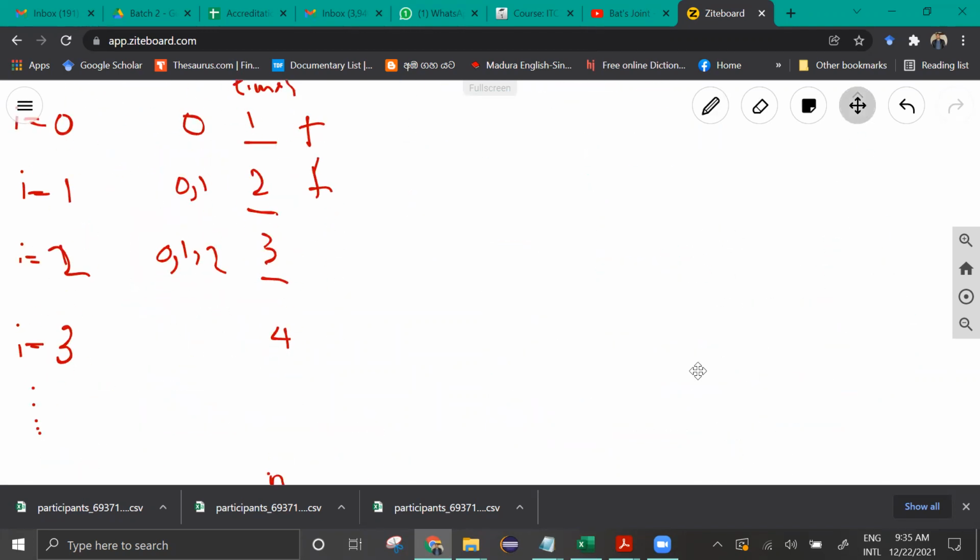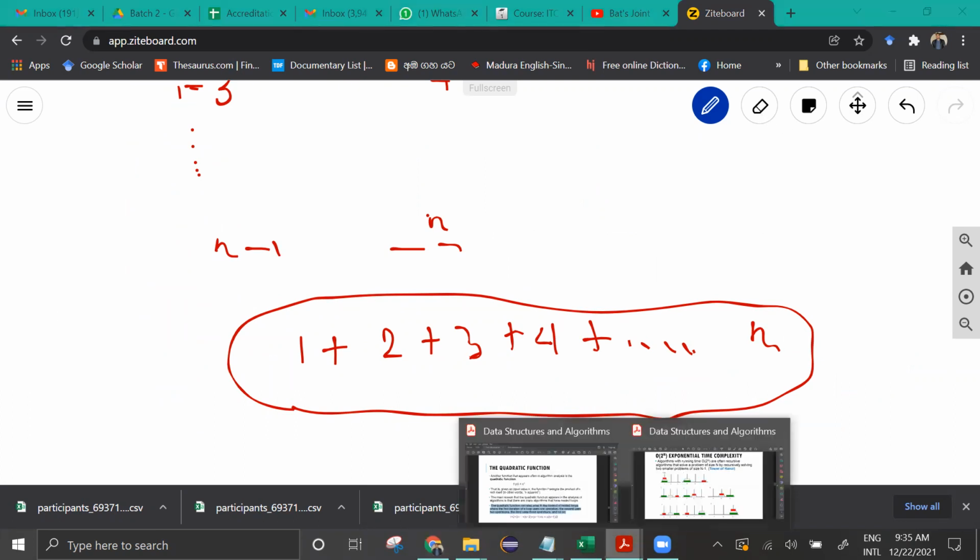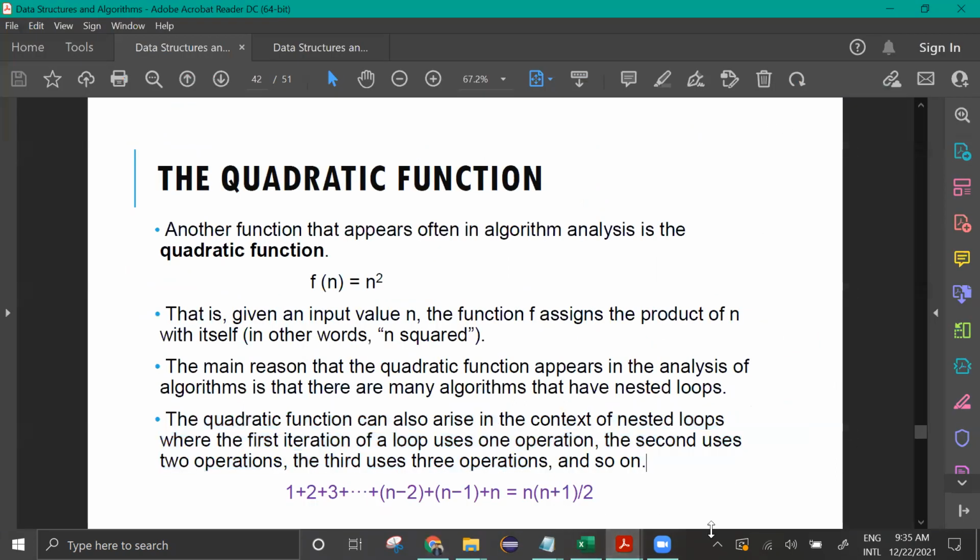But here we add like 1, 2: the first time it iterates 1 time, the second time it iterates 2 times. Likewise, it is added like this.